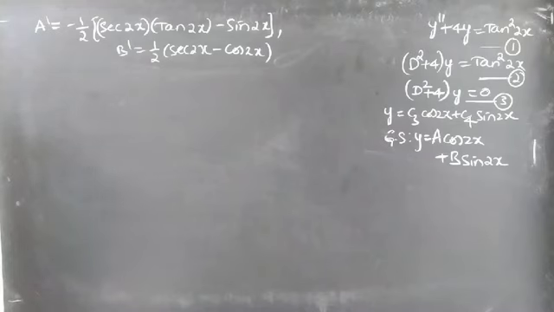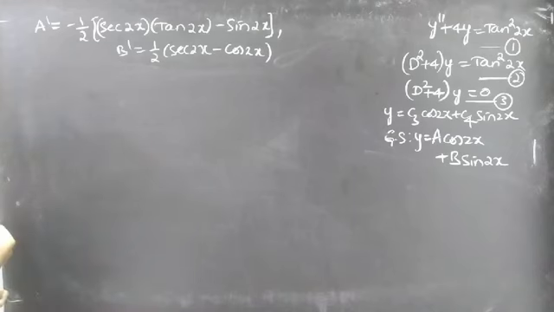Till now we just applied y and y dash in equation 1 to find a dash and b dash. Now using this a dash and b dash, we'll find a and b.